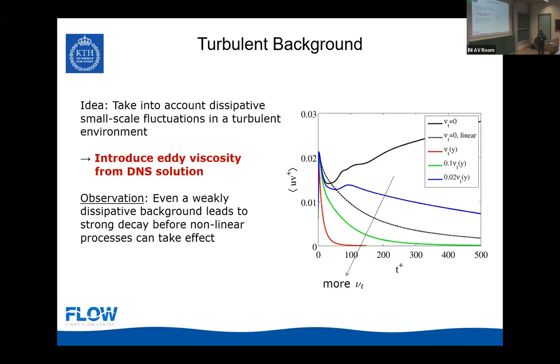So it turns out it's insensitive to the mean flow, but it's very sensitive to the amount of noise, or modeled noise here with the eddy viscosity. And of course that meant in the end that this regeneration mechanism is probably not what's actually going to happen.